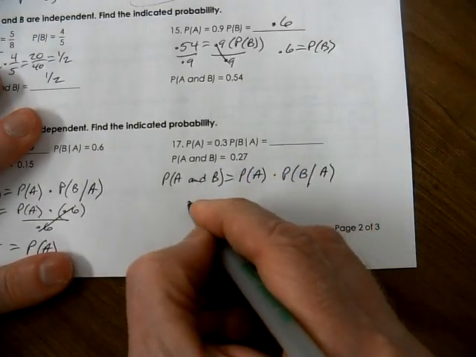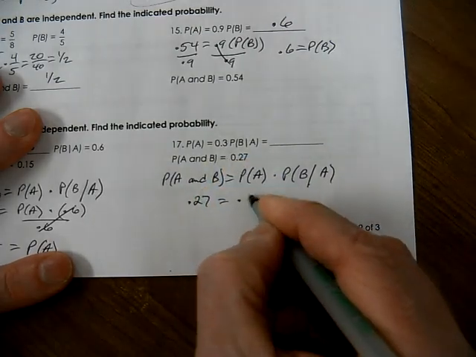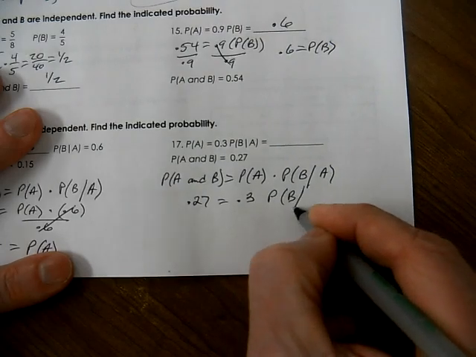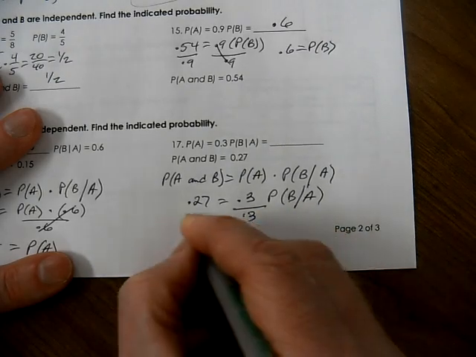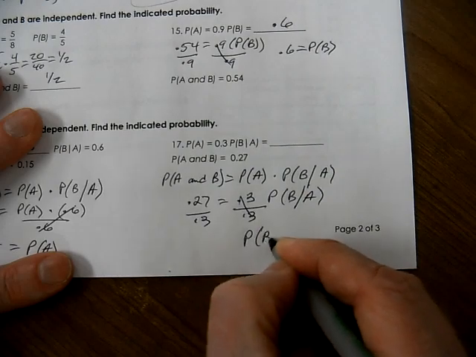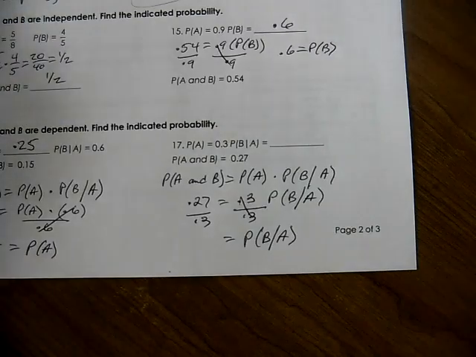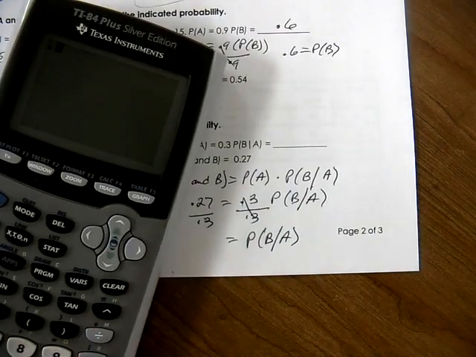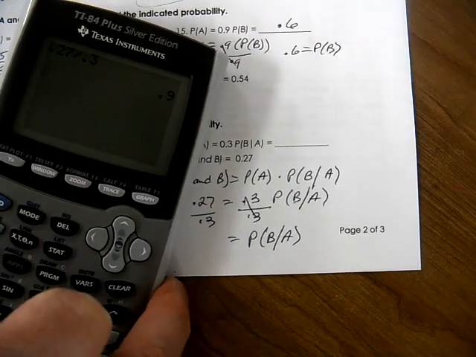So the AND is 0.27, the A is 0.3, and we're looking for the probability of B given A. So we divide out. 0.27 divided by 0.3, it's going to be 0.9.